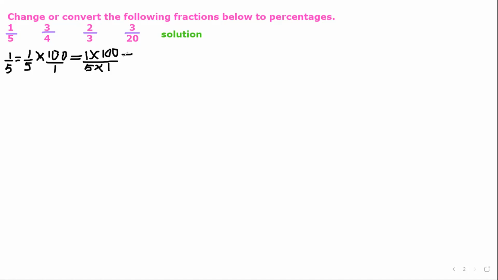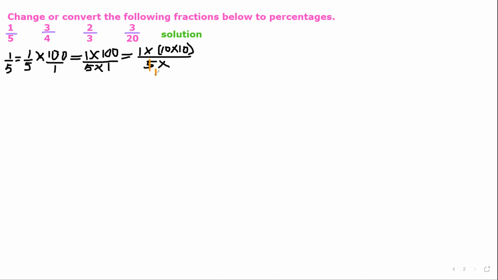So you quickly simplify the 100 so that the cancellation will not be tough for you. Now we have 1 times the 100, which you put in a bracket, the same as 10 times 10. Okay, good. Then you close the bracket, all over 5 times 1. Okay, then you start to cancel this one here. Now we have this one here.